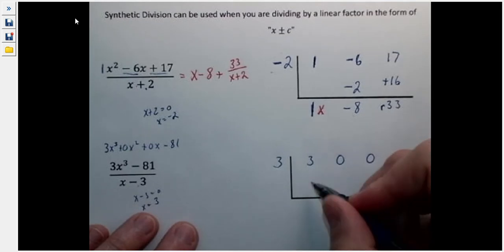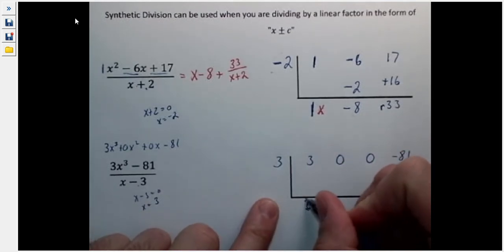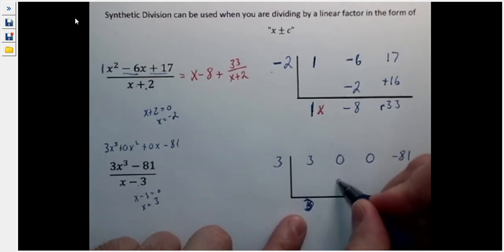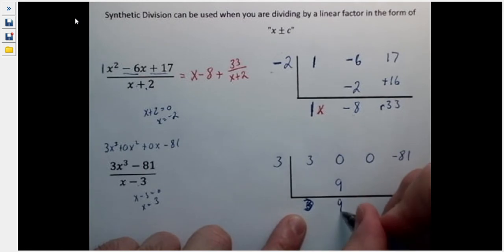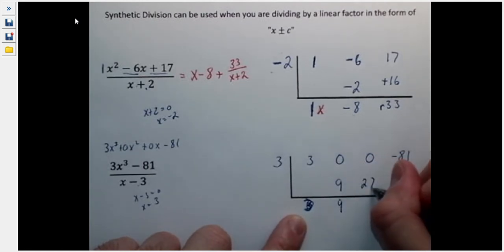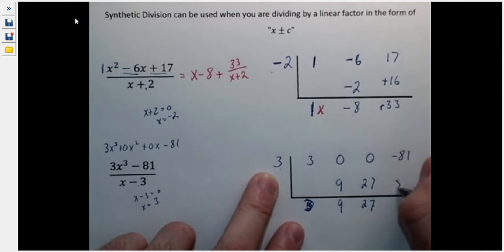We add down, so 3 plus 0 is... oh, sorry, 3. Then 3 times 3 is 9. 0 plus 9 is 9. Then 3 times 9 is 27. 0 plus 27 is 27. And then 3 times 27 is 81.